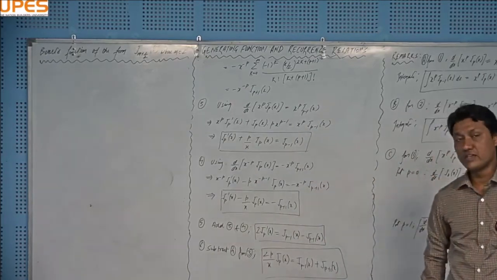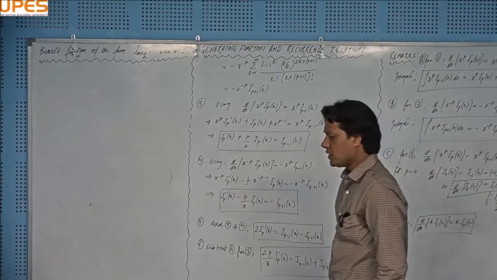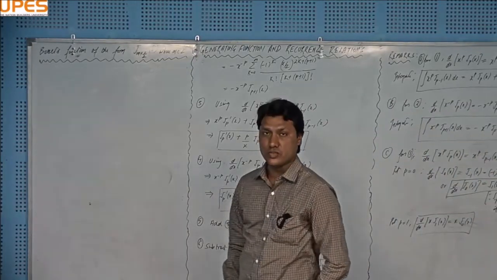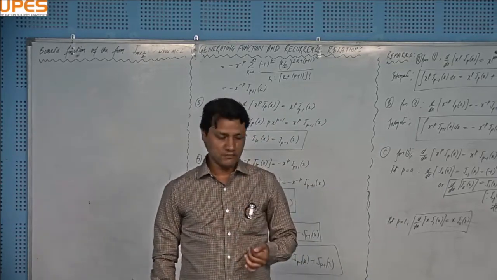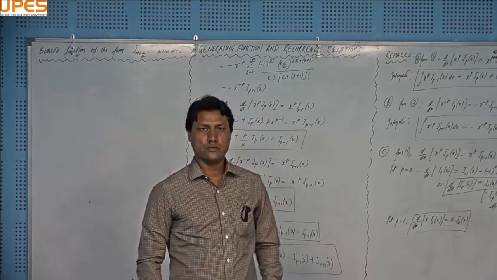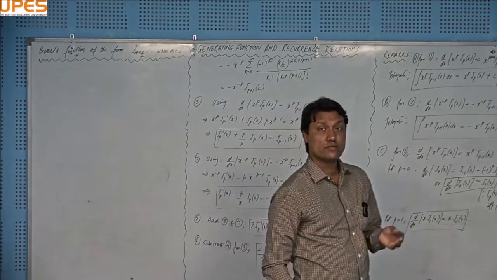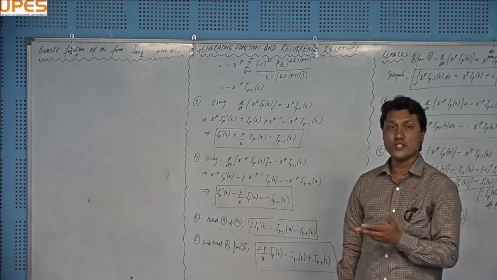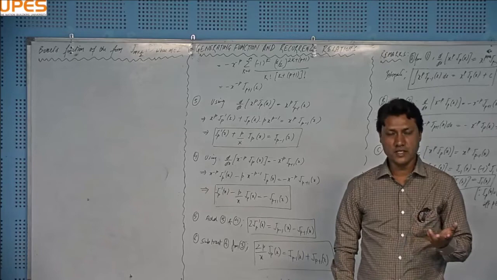You know that when you have a differential equation of second order with variable coefficients, generally you write a standard differential equation of second order as y double dash plus p(x) times y dash plus q(x) times y equal to 0, where p(x) and q(x) are functions of x. You have several methods of solving them. The first one was the method of variation of parameters, and one was changing the independent variable.